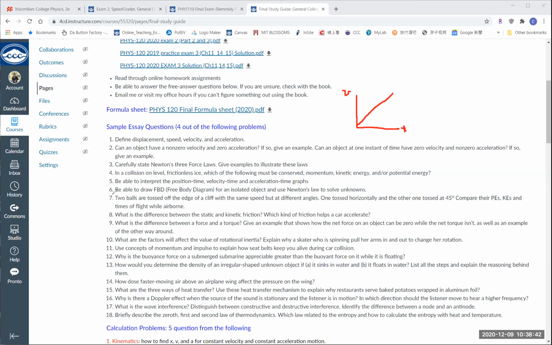Number 6, to draw a free body diagram. This could be any kind of case. And when you draw the free body diagram, you simply identify the forces. After you identify the forces, then you combine with Newton's law, and Newton's law looks at either the net force equal to 0 or net force not equal to 0.